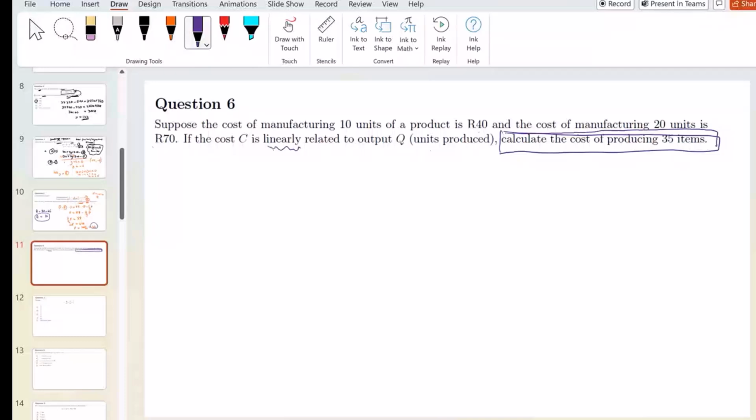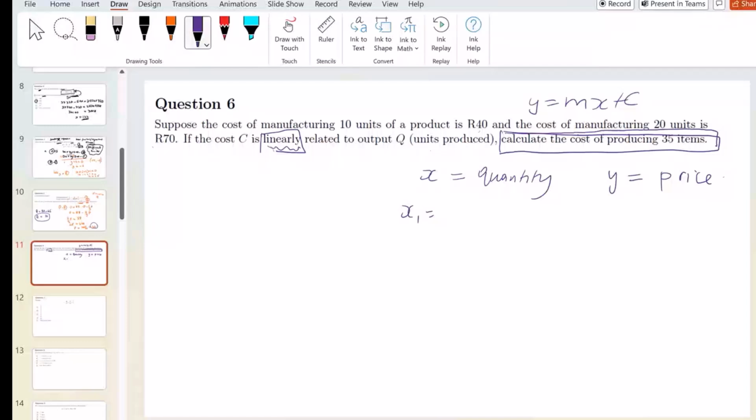So I've got X1 is equal to quantity 10, and then a price of this, which is Y1, it is costing 40 rand. I'm just decontextualizing now and mathematizing. And then the cost of manufacturing, I've got another element here of 20, and then this one is equal to 70.